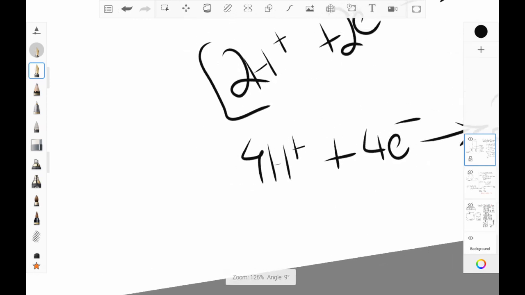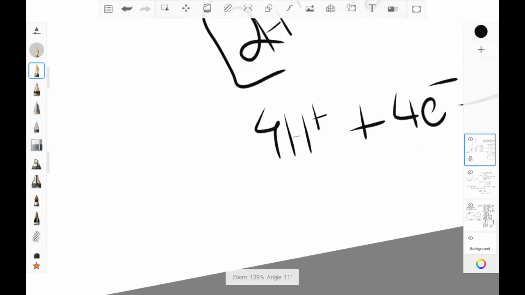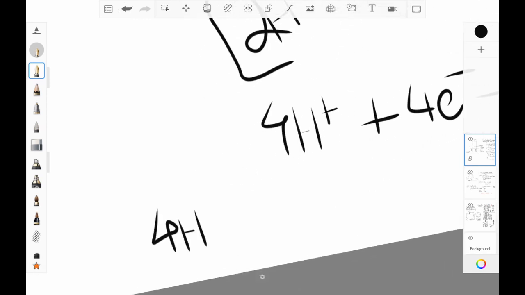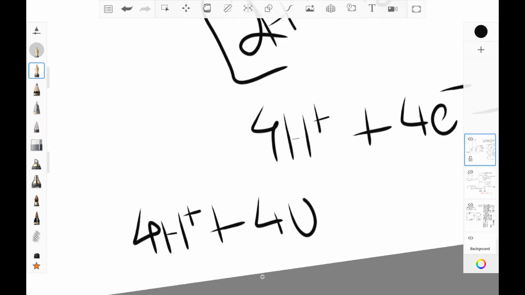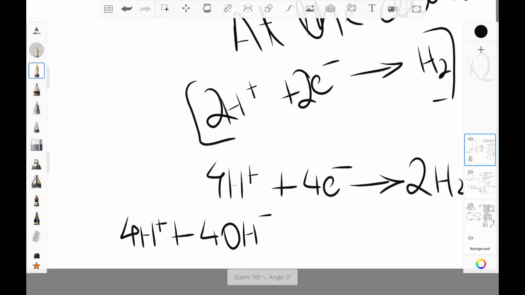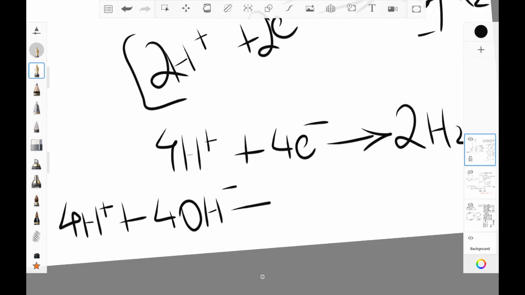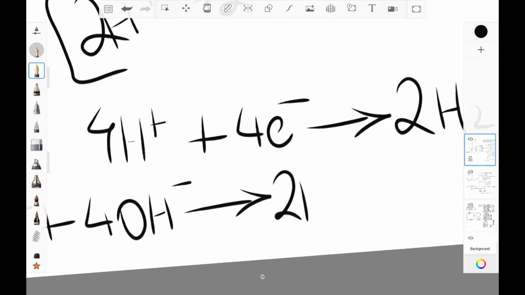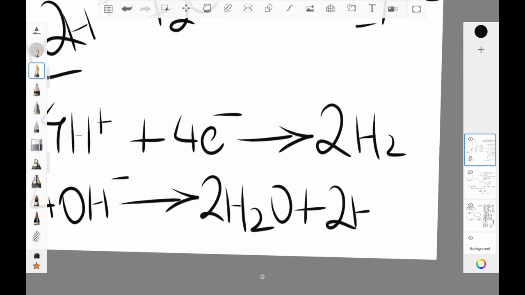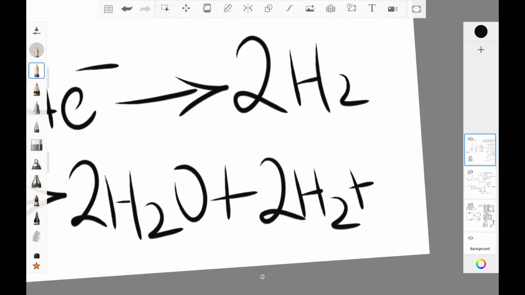And again, the full cell equation is just a combination of everything. So 4H plus, plus 4 hydroxide ions gives you 2H2O plus 2H2 plus O2.